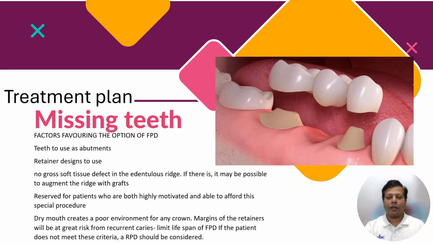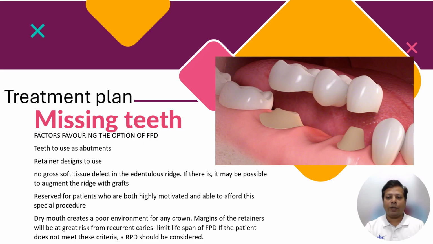The factors that govern the treatment of conventional tooth-supported fixed partial dentures depend on the quality of the teeth which are present to be used as the abutments, and the retainer designs that are to be used in a particular patient. We should also assess that there is no gross soft tissue defect in the edentulous ridge.